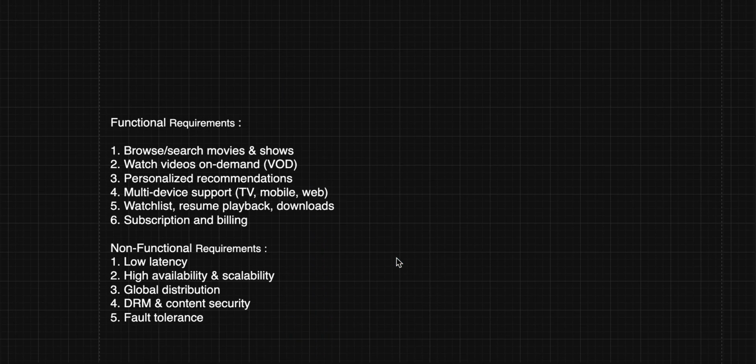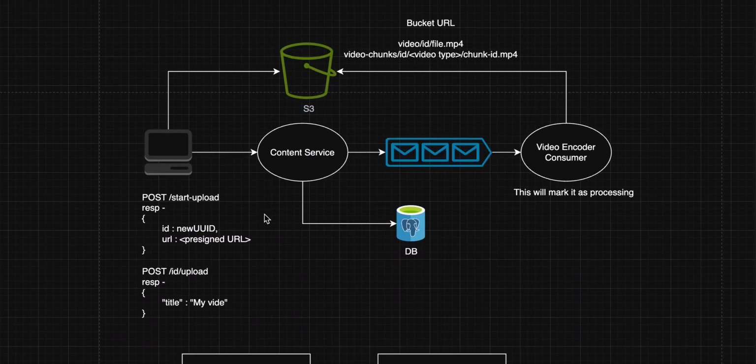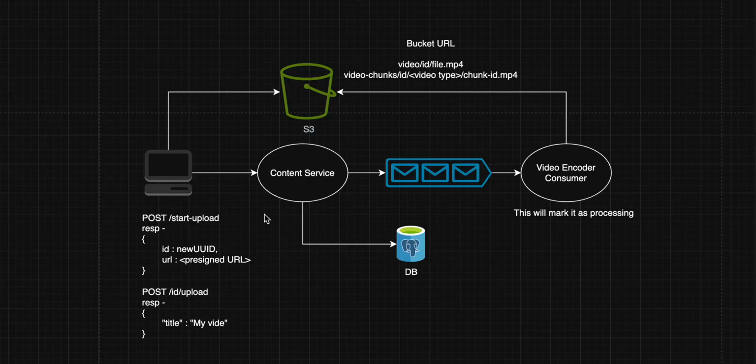As you know, we want to support multiple devices, so we want to have video in all kinds of resolutions. So our consumer will be responsible for converting that video into all resolutions. Plus, we want to cut a video into different chunks.